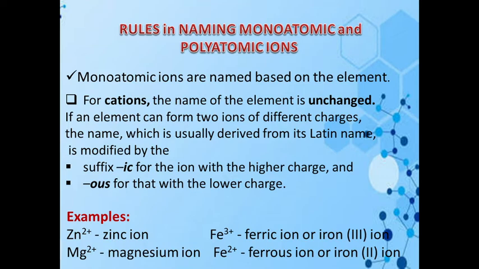As you can see in the examples, the zinc ion and the magnesium ion have only one charge, 2 plus. In iron 3, it is named ferric because it has the higher positive charge, while in ferrous, we use the suffix OUS because it has the lower charge.